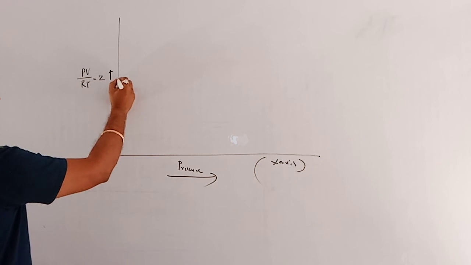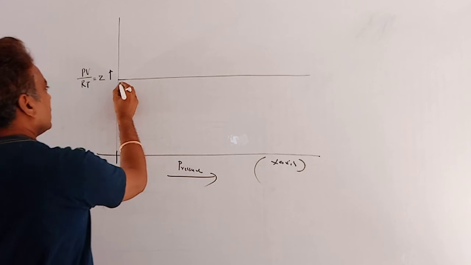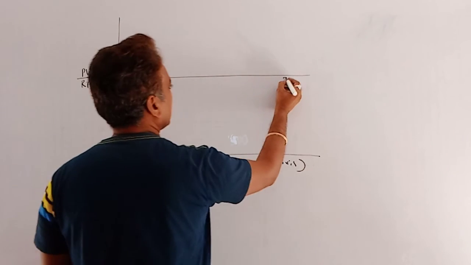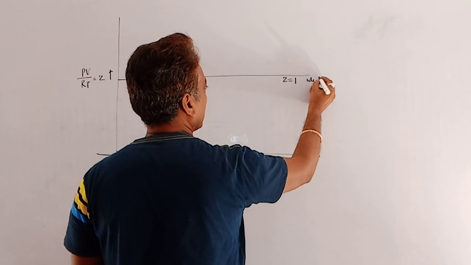The value of Z for an ideal gas is a straight line, since for an ideal gas the value of Z is 1. This is for ideal gas.